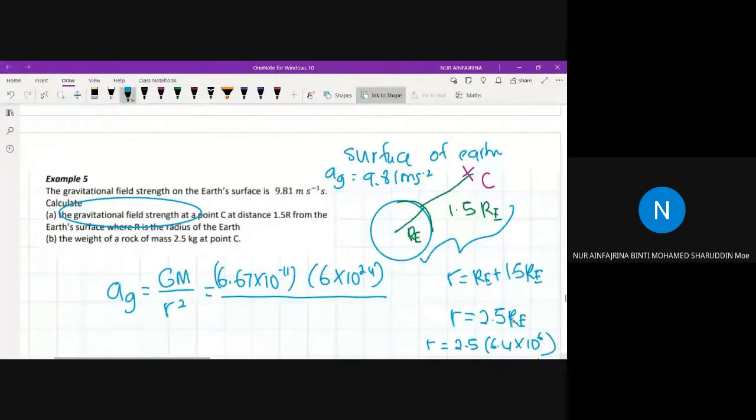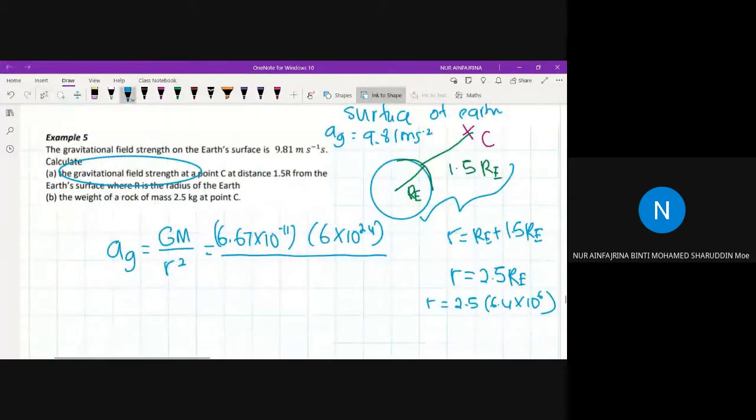Okay, tekan calculator. Korang dapat berapa ya? Miss tak kira ni. Korang dapat berapa guys? Radius, distance dia? Anyone, can you help me? Hello? Boleh dengar Miss tak? Dapat berapa guys?